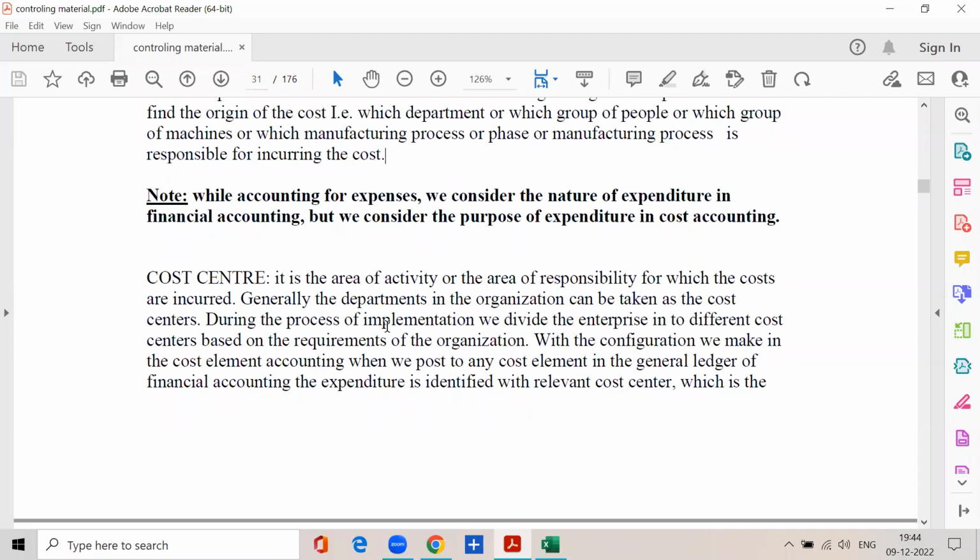Based on the requirement, we divide the total enterprise into different cost centers. But what is a cost center? It is the area of activity or area of responsibility for which the costs are incurred.